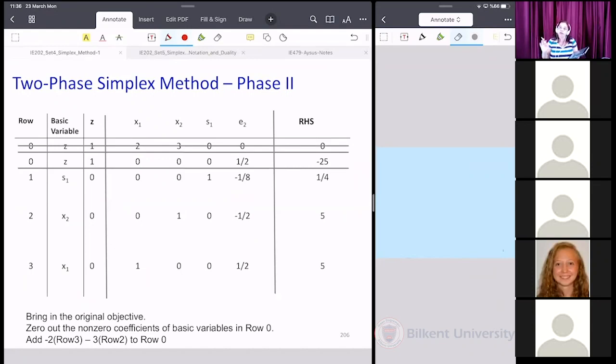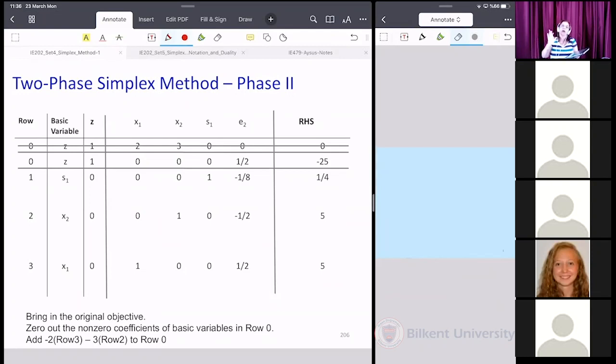Phase 1 utilizes the original problem's constraints, but forgets about the original objective function, because for the sake of phase 1, our only motivation is getting rid of the artificial variables, kicking them out from the basis. Now, phase 1 stopped, saying that my problem is optimal. The artificials were out.